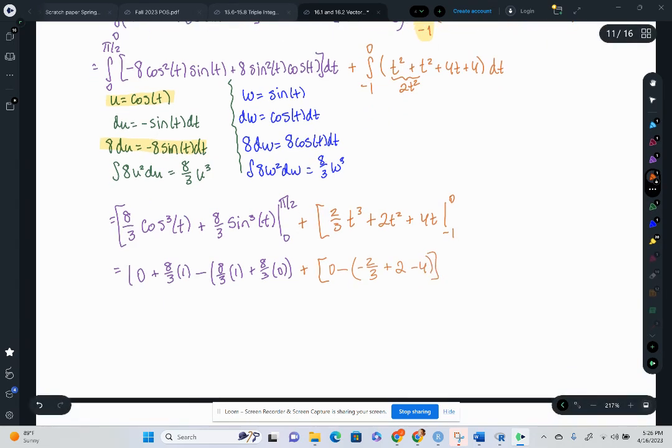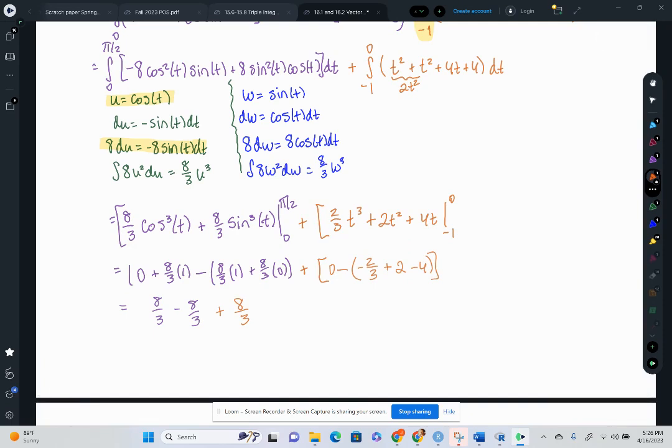So the contribution from the first integral gives me 8/3 minus 8/3, plus the contribution from the second integral, which looks like we get 8/3 from that.